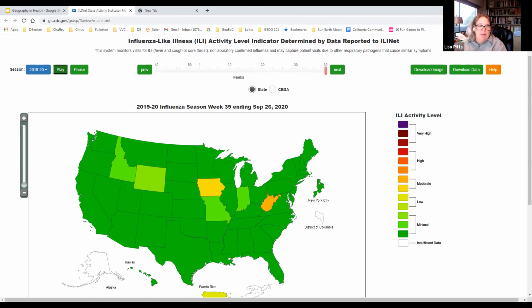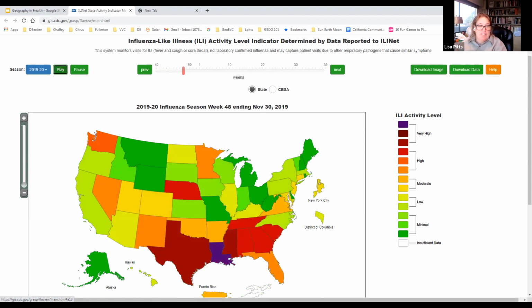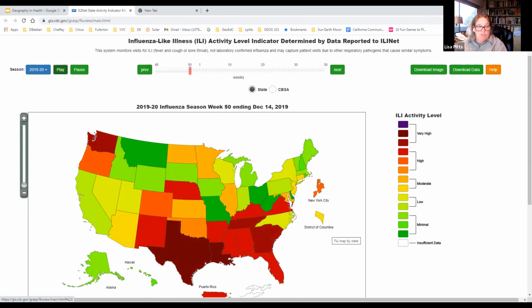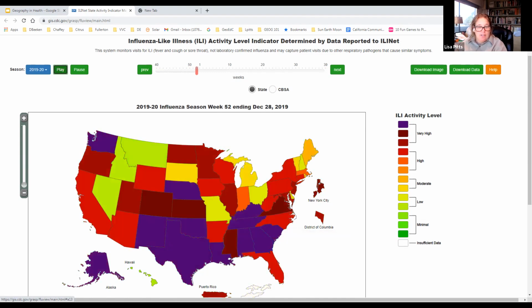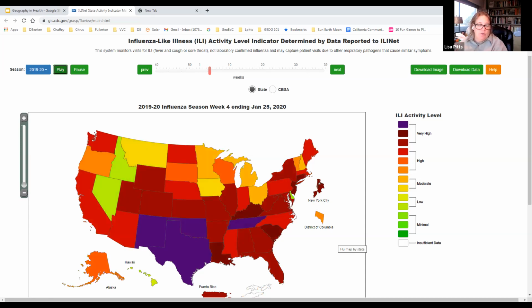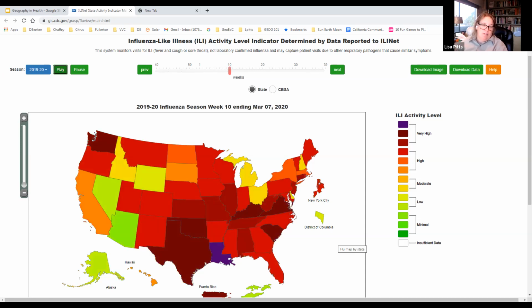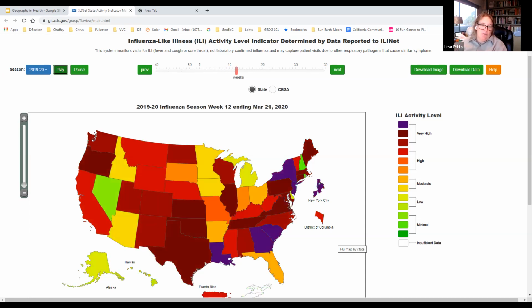So this is a flu view, and you can actually look at the various weeks of the year. So you can see why we call it a seasonal flu. So this is in 2019. And going into 2020, this is February 15th, February 29th, March 7th. Now we're going to hit COVID.